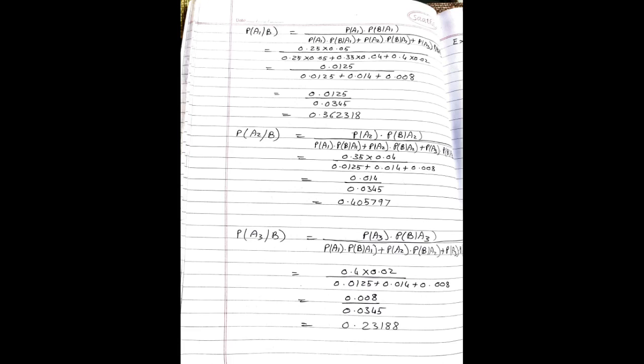See the formula for probability A1 given B is equal to probability of A1 into probability B given A1 divided by probability of A1 into probability B given A1 plus probability of A2 into probability B given A2 plus probability A3 into probability B given A3. Now replace all the values in the formula.